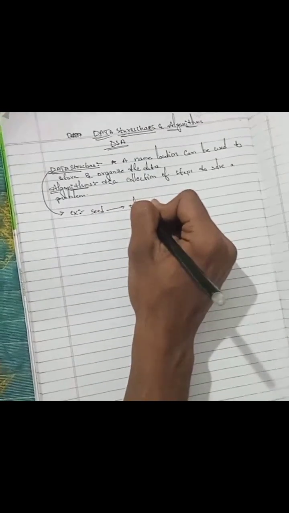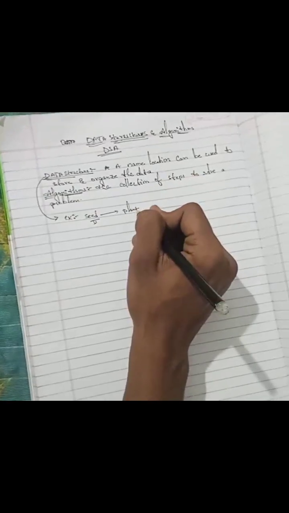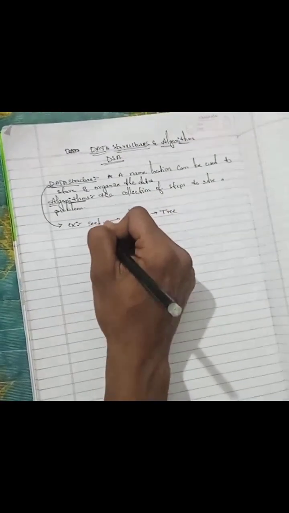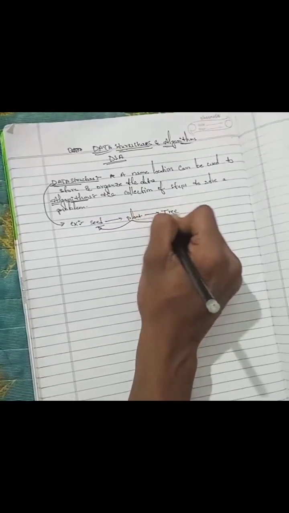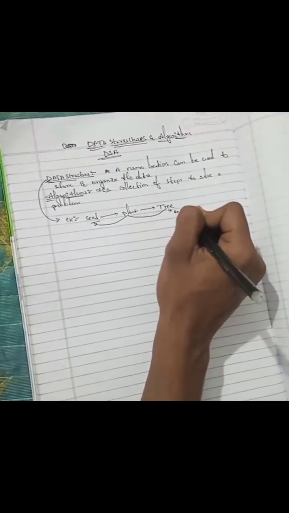The seed has the genetic information of the plant, it stores the DNA of the plant. The plant has the information of the tree, and to access it, the seed gives access to the information of the plant, and the plant gives access to the information of trees, and again it will produce seeds. Like that, data structures work, and algorithms are steps to solve a problem.